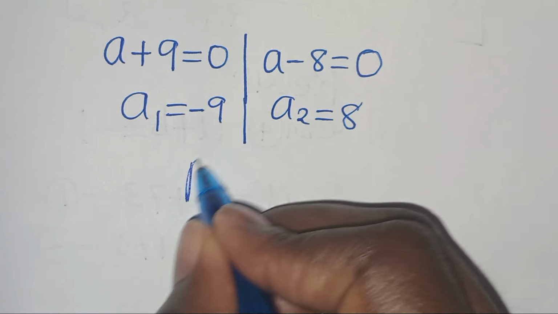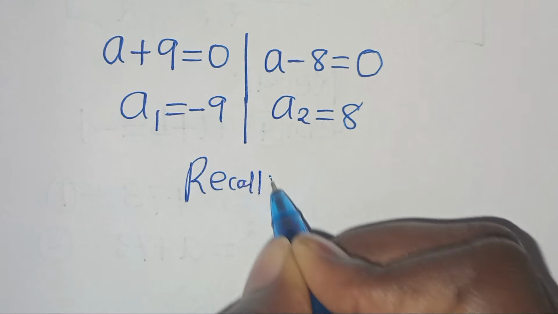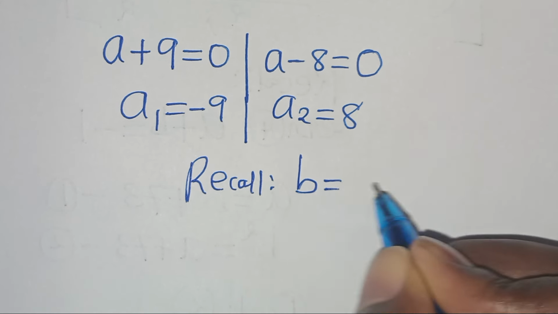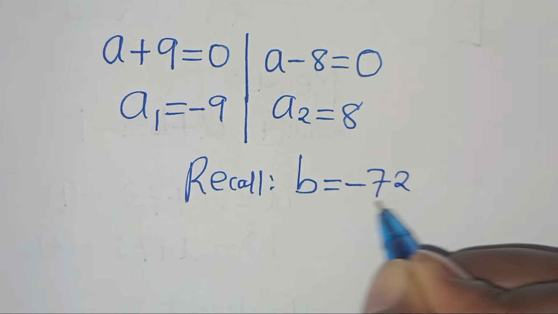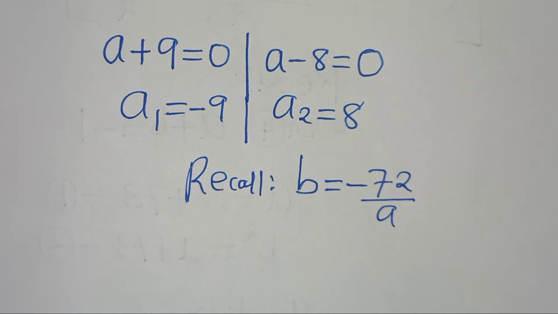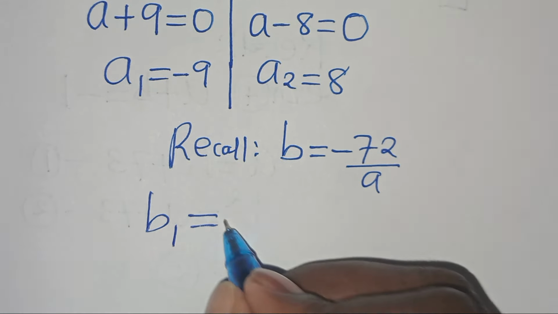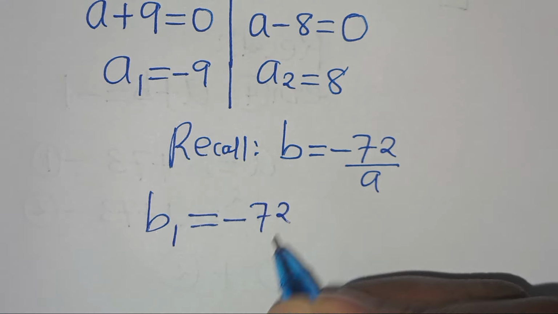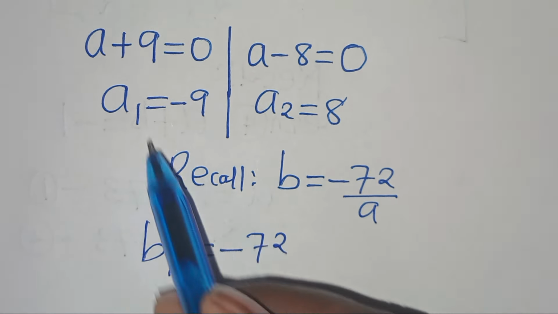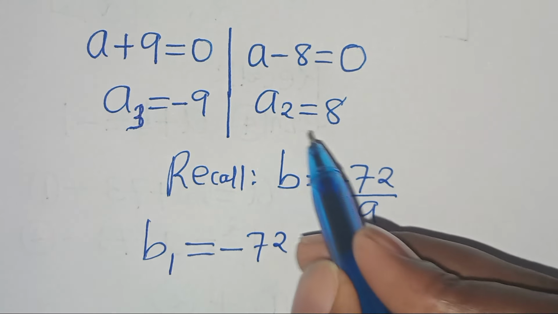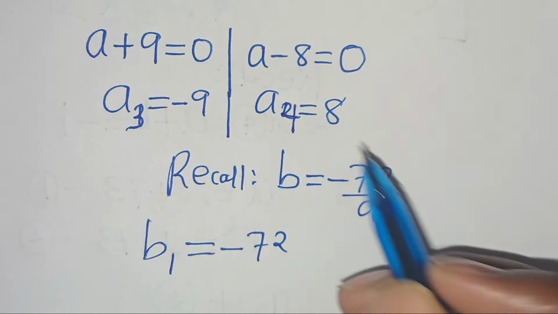Now, if you recall, b is equal to minus 72 over a. So we can solve for b. This is supposed to be a3, and this is a4.